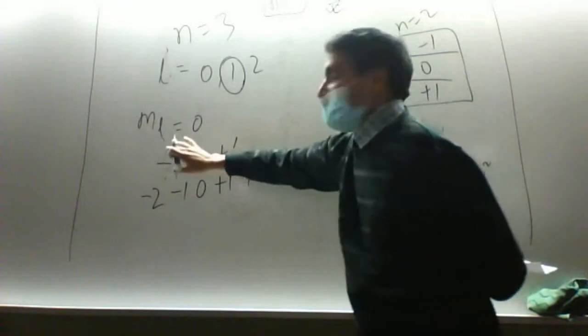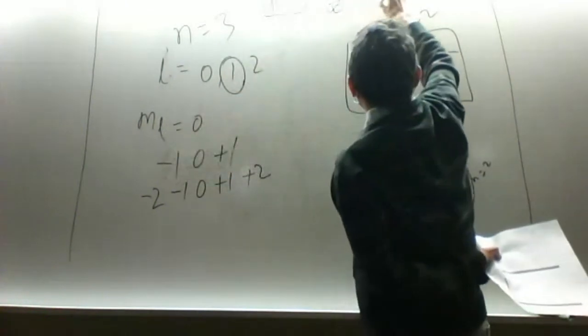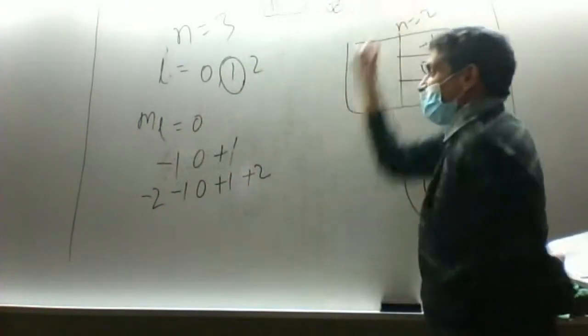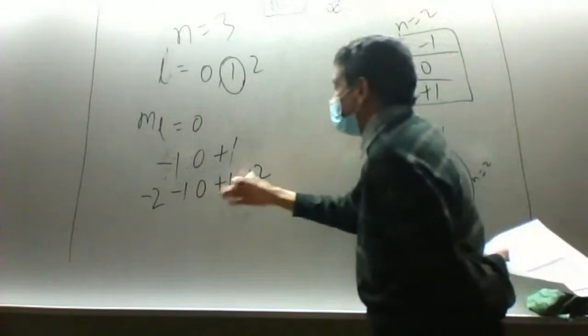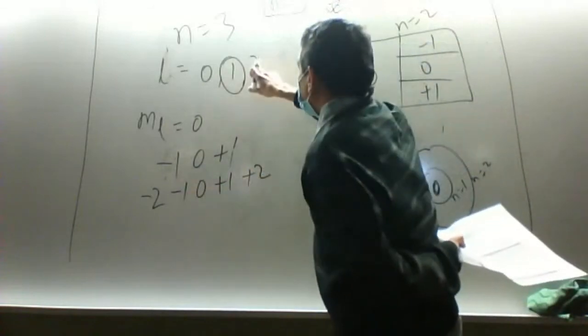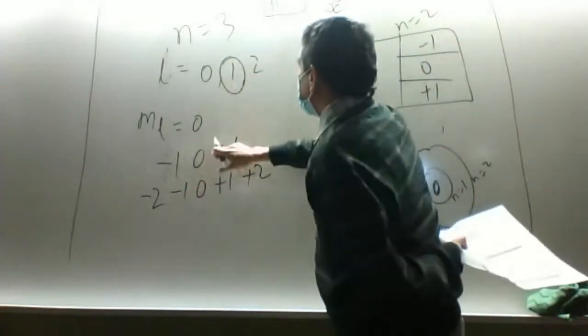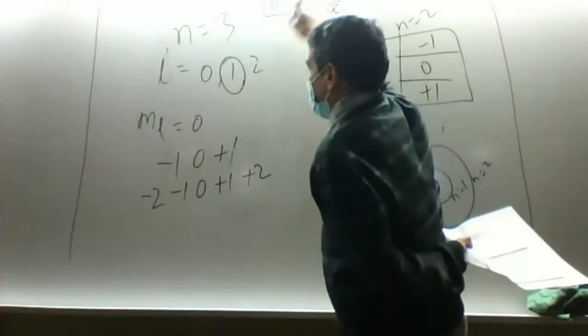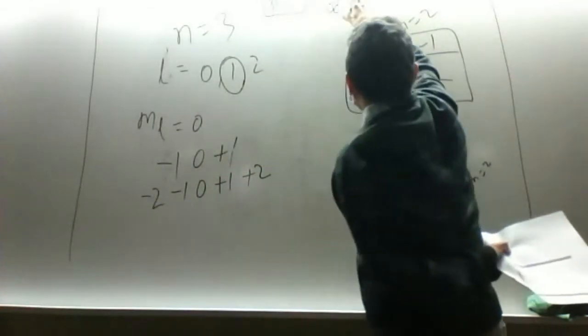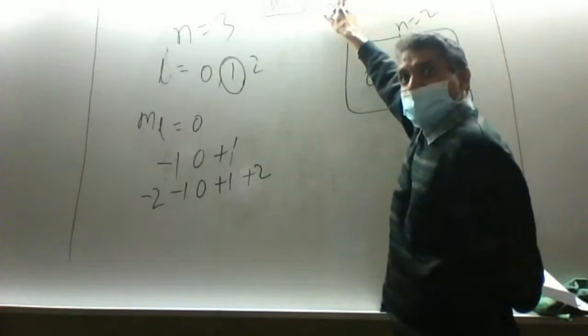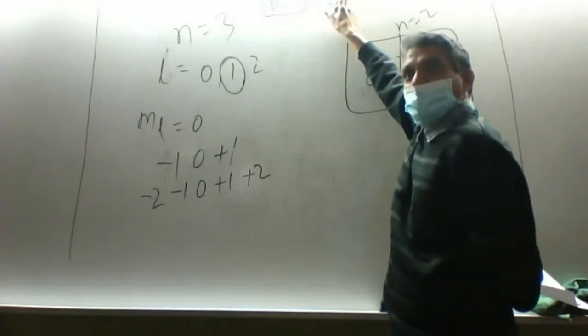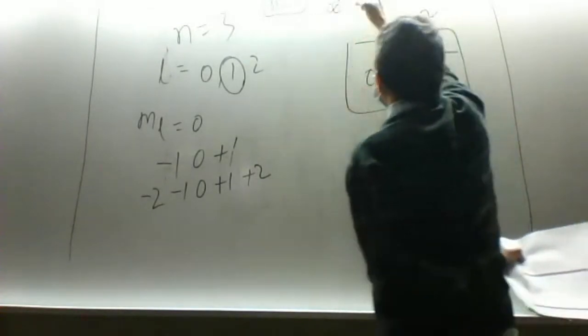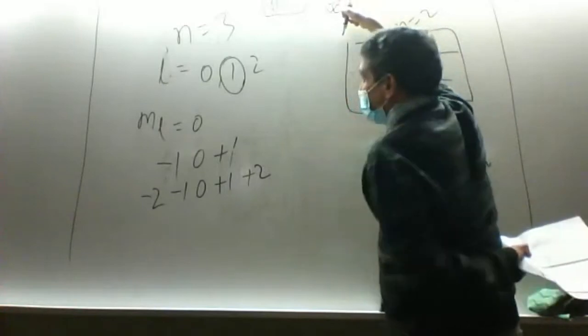If there was a -1 or 0 or +1, I'm good. But it is giving me -2, so you are taking this room and mixing it with this one. That's not possible. Make sense? Good.